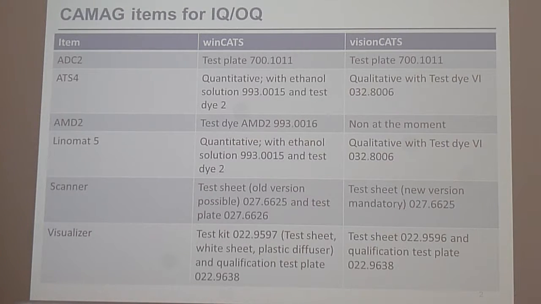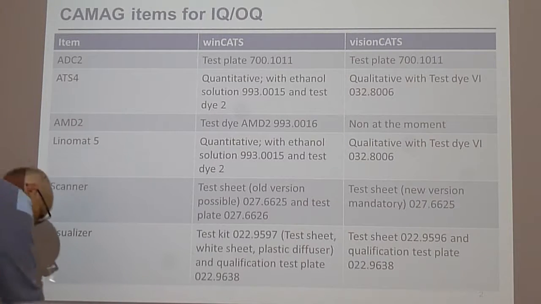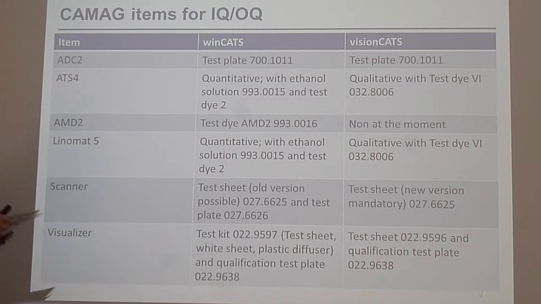Then with the visualizer, with WinCats, you surely remember the test kit with a white sheet, a diffuser, and the test sheet. The test sheet is still the same, this one.